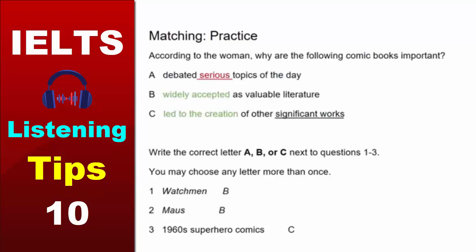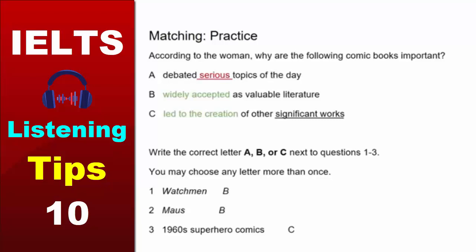Now, A might have been tempting, but the tricky word, the word that was put in there to possibly cause problems, is the word serious there. There's no discussion by either speaker of how these comic books debated serious topics of the day. That would be like discussing controversial issues. There's no discussion about why these books are important due to their coverage of difficult or debatable topics at all.